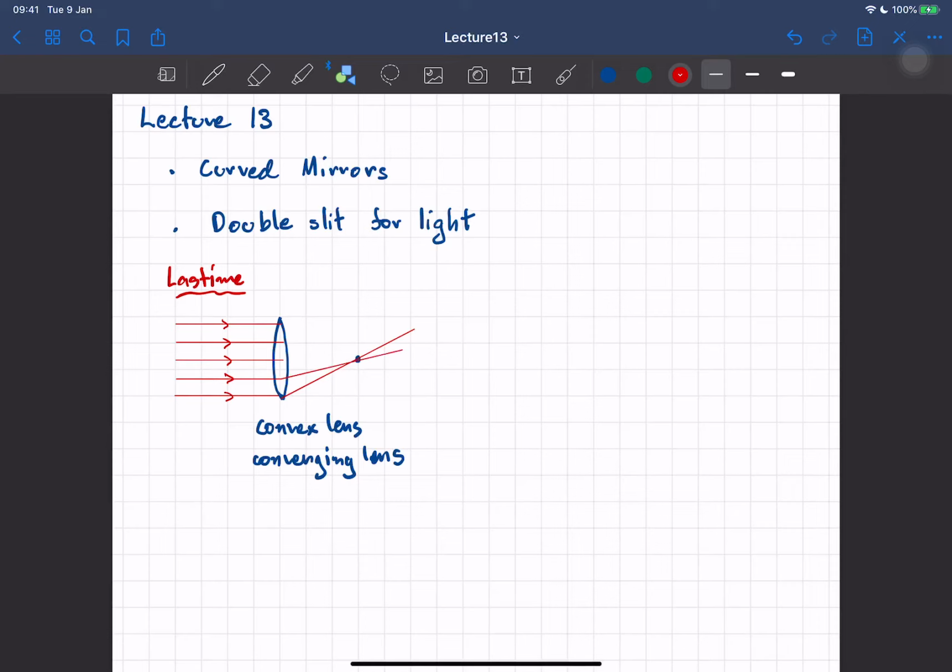Hence the name, converging lens. It's a bit hard to draw here. Okay, just draw by hand for the last one. Something like this, okay? The point where all the light rays meet, that particular point, is called the focus of the lens or the focal point.